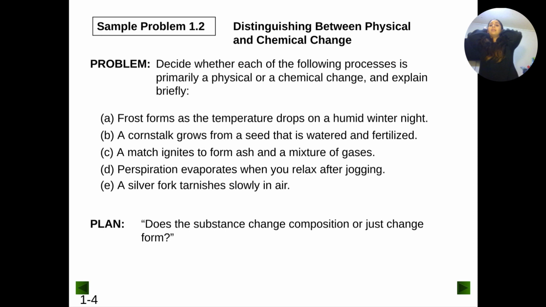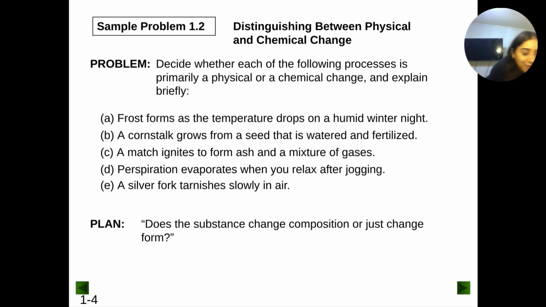So, now we're gonna go over some questions. You don't have to answer them now, just think about them, because I will give you the answers, but it would be fun to try anyway. So, distinguishing between a physical change and a chemical change.